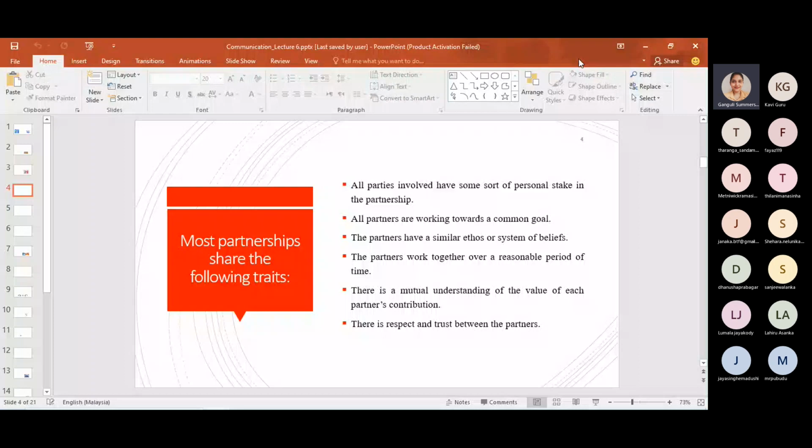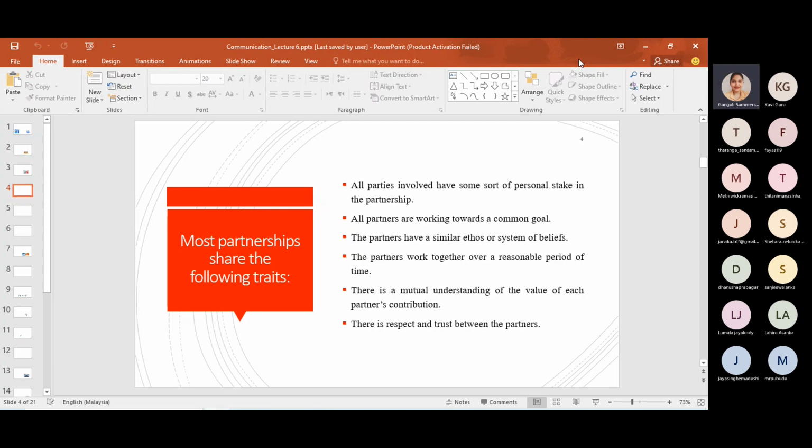So a common goal is a goal that everybody has. In group work, that is doing the assignment well, submitting it on time, and passing the module.